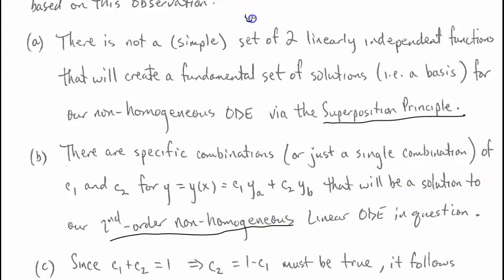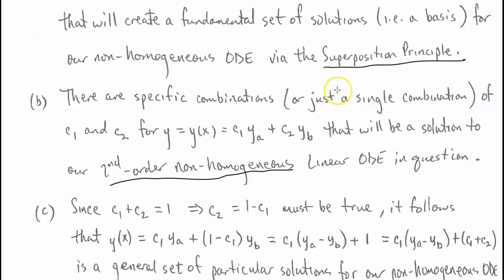And again, we saw that because C1 plus C2 has to equal 1, if I wanted to say C1 times y sub A, then of course this constant here would have to be 1 minus C1 in order for that to work. And again, just because that's the case, that doesn't mean that superposition in the way that we've defined it for the homogeneous equations is actually working. So we know that it's not.